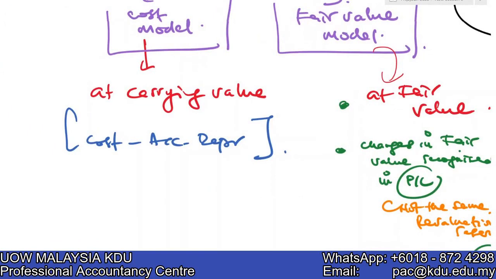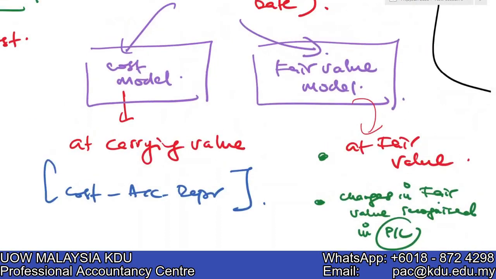Is that right? Now, generally, if it's investment property, which model do we use at each reporting date? We always use fair value model for investment property. Unless the fair value cannot be reliably measured, no fair value, then only we use cost model. Otherwise, all investment properties should be measured at fair value.